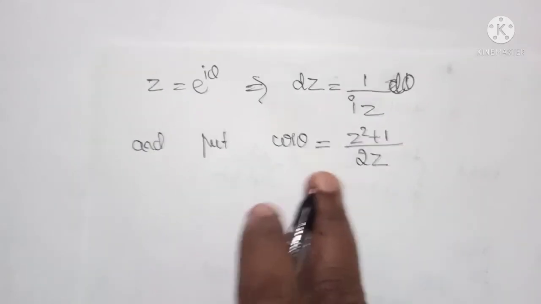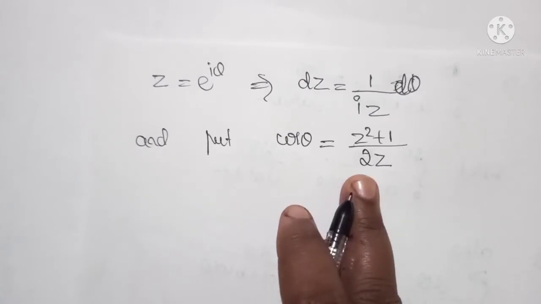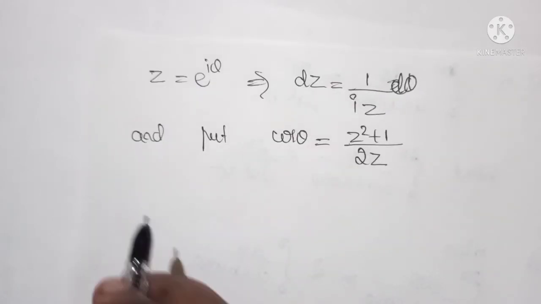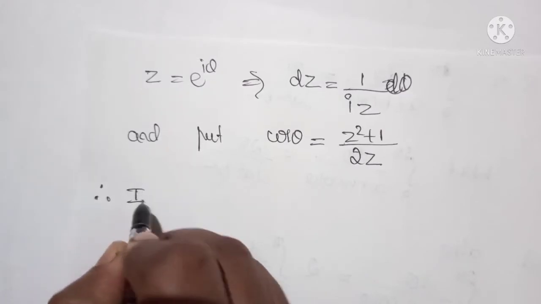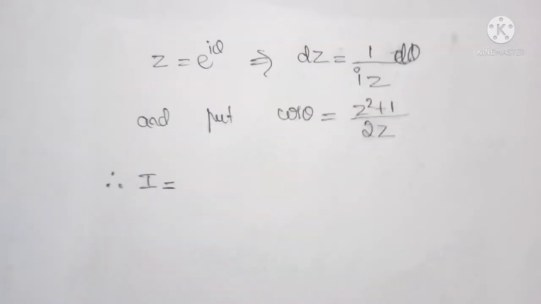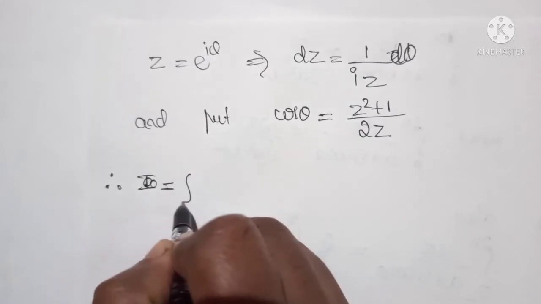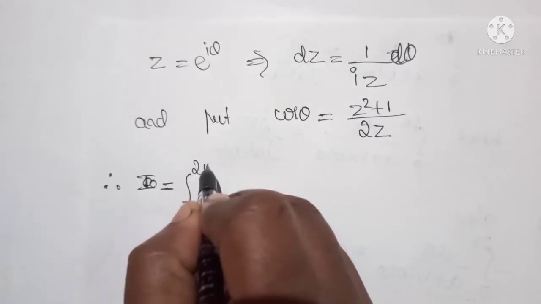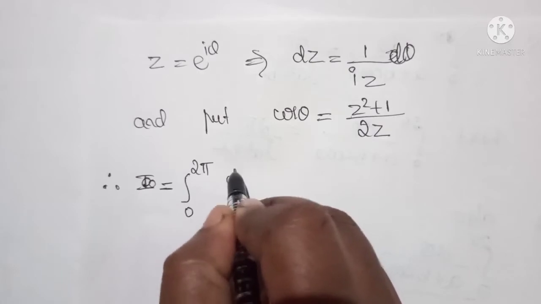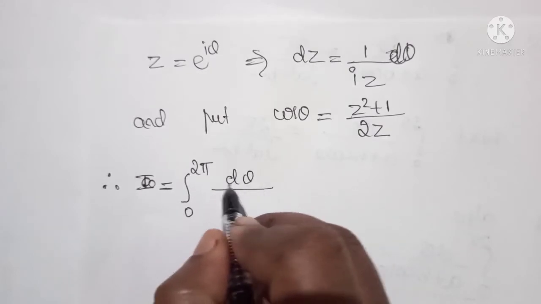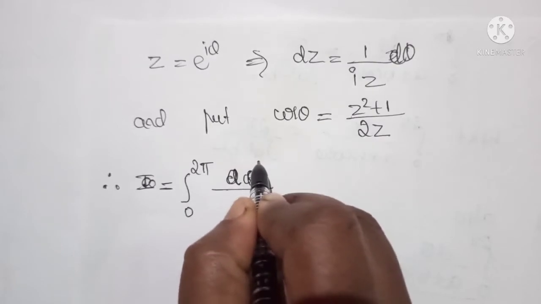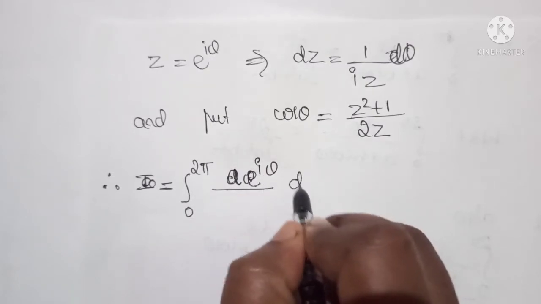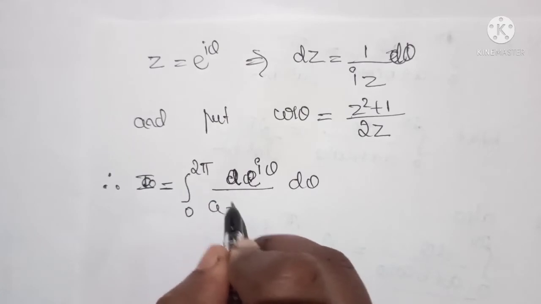It is already explained in the last problem. So we consider the integral from 0 to 2 pi of a e raised to i theta d theta divided by a plus cos theta.